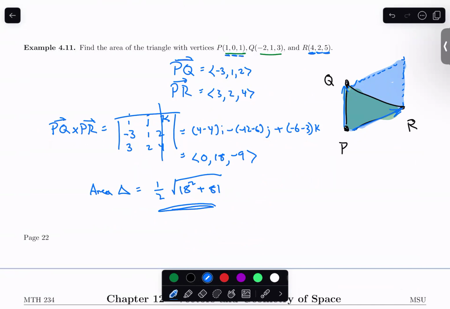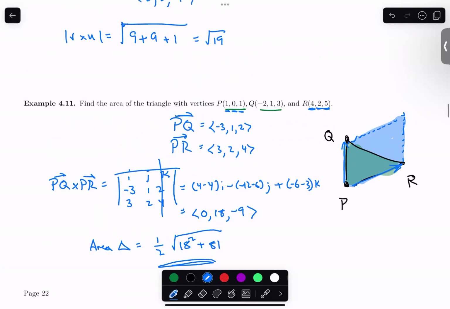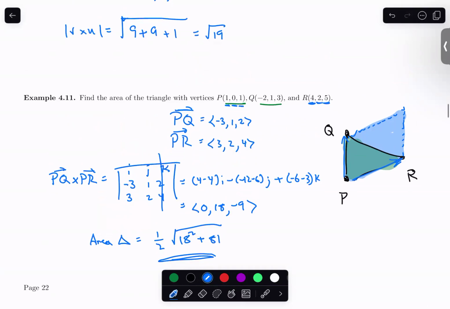Yes. QR, would that affect our answer at all? If you did QR, yeah, it may affect your answer. I'm assuming you did PQ and then QR. If I shift PQ up so that it starts at Q, and then QR, what you're finding is the area of this triangle right here.